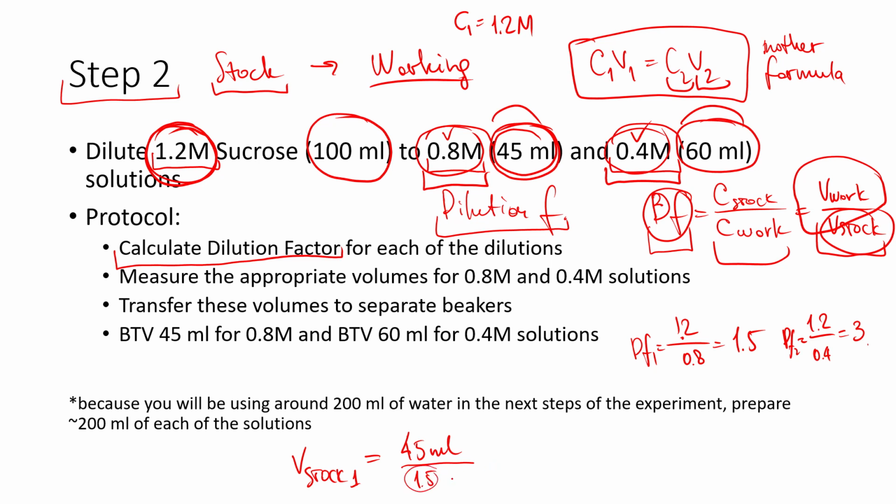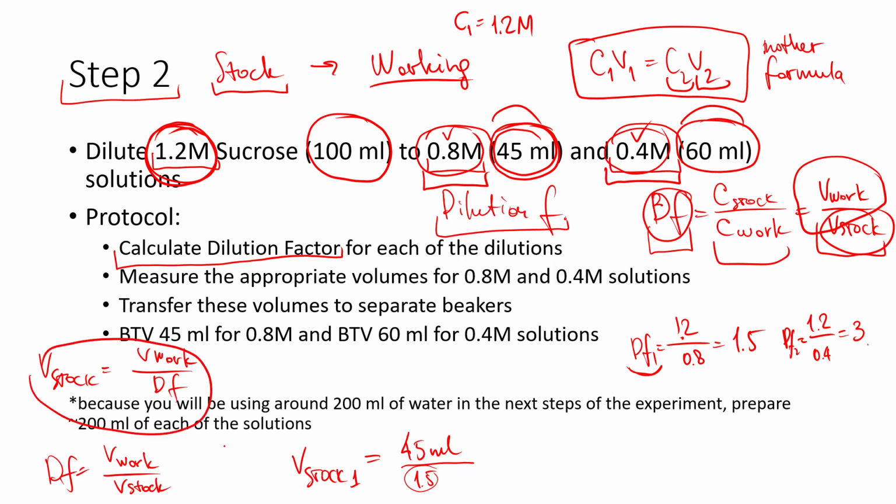So this is the dilution factor 1, and if you take the formula, which is dF equal V work divided by V stock, of course, from this formula we have the V stock equal V work divided by dilution factor. So from this formula we obtain this one.